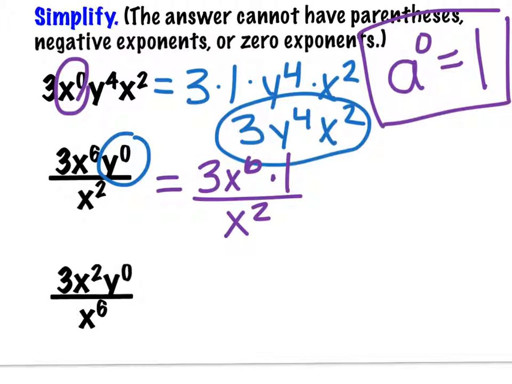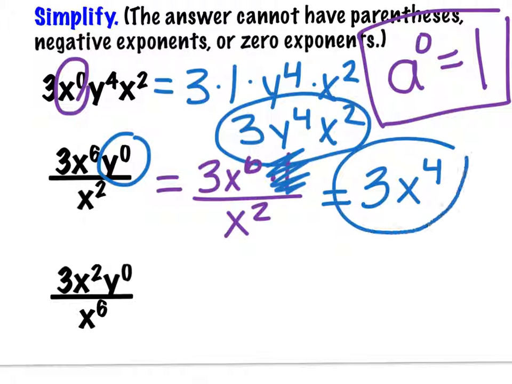That times 1 really isn't going to do anything at all, so it's pretty much just gone. And then we know from our quotient rule that if we're dividing exponential expressions with the same base, we can keep the same base and subtract the exponents. So we end up with a simplified answer of 3 times x to the positive fourth.